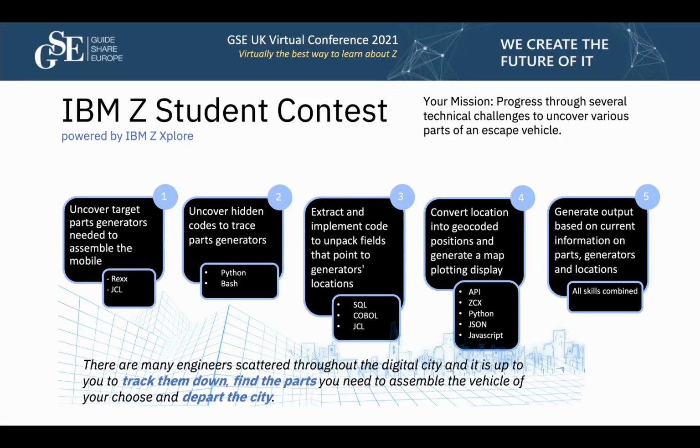So the first one is to uncover target parts generators needed to assemble the mobile, and on the stack below you can see which components are needed. So for drop 1 you need to use REXX and JCL, and you can do the student challenge as a start, but as you can imagine, it would be better if you first do at least a part of the Xplore learning platform, so you have some skills gained.